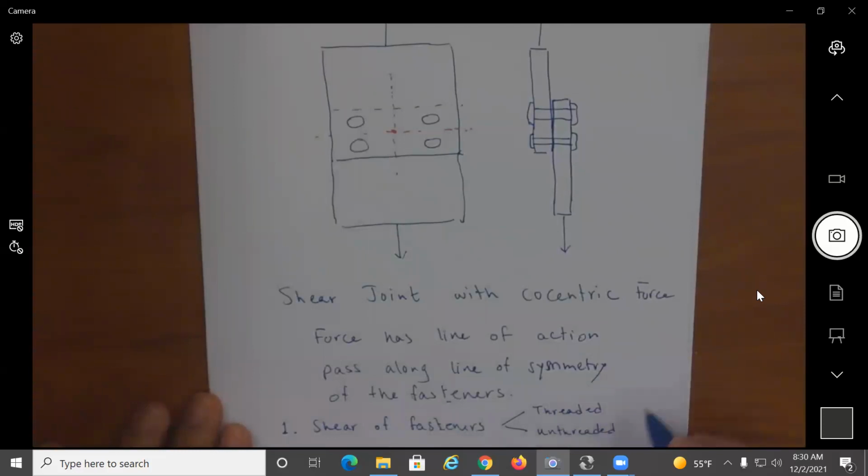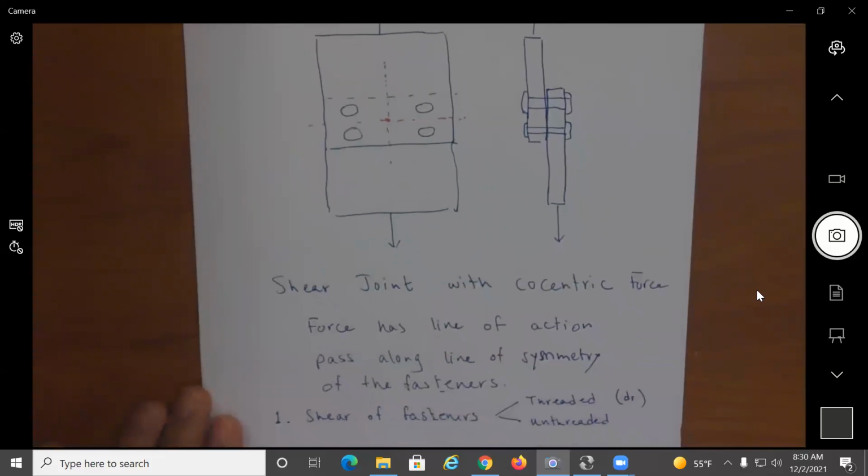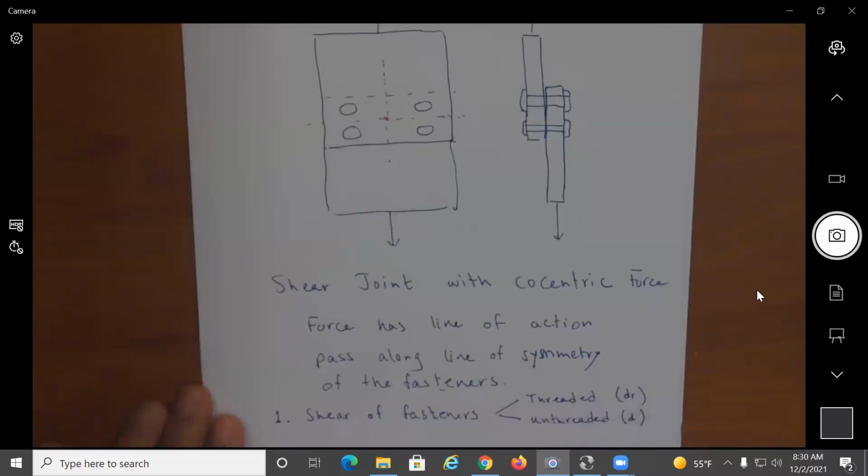If I'm going through the threaded, I'm using AR or DR. And if I'm going through the unthreaded, then I simply use the nominal diameter D.